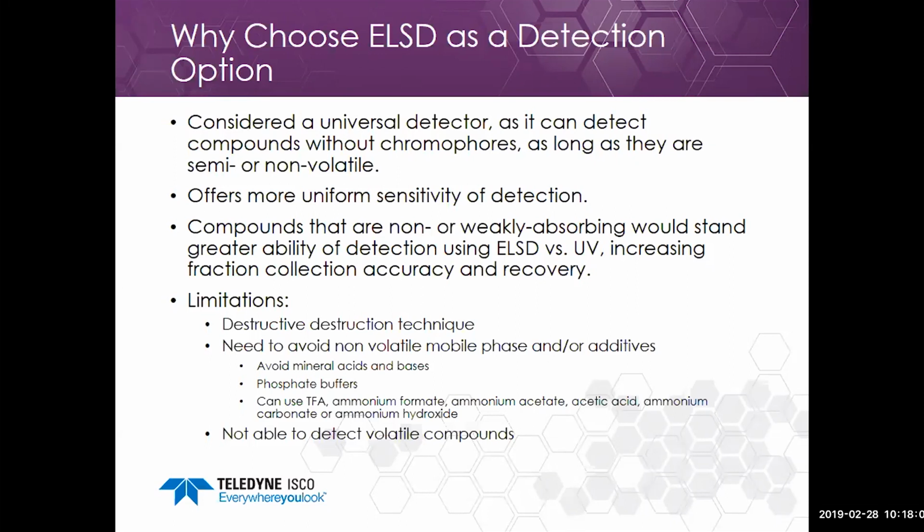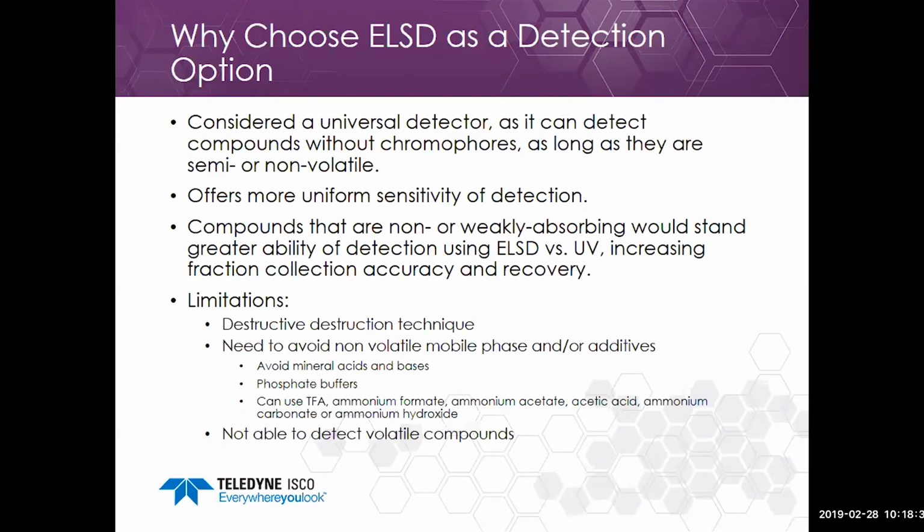So a particle is a particle, and it's going to cause a signal when it gets to the ELSD detector, versus I'm monitoring at a certain wavelength, and if I'm away from my optimal wavelength, my sensitivity is going to be decreased, or maybe a chromophore isn't as strong as another chromophore. So I may have the same concentration of compounds, but one chromophore is stronger, so it appears to be more sensitive to detection.